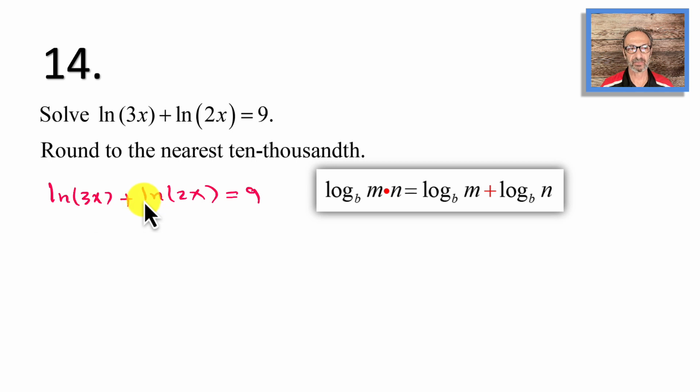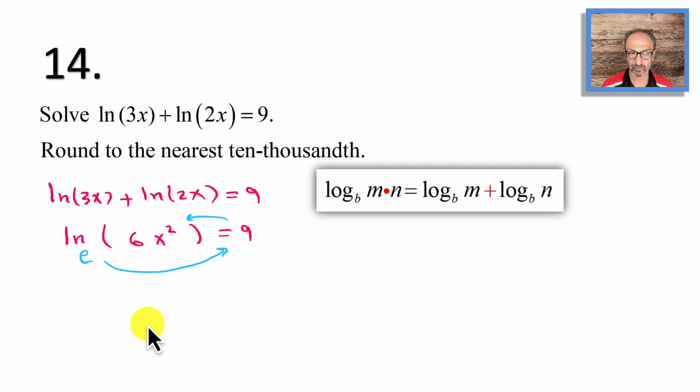The left side is a sum of two lns, or two logs. That's what we have. We need to put it as one log. So that becomes ln of 3x multiplied by 2x, that is 6x to the second. Then we could use the exponential form from log: e to the power 9 equals what's inside, which is 6x to the second.